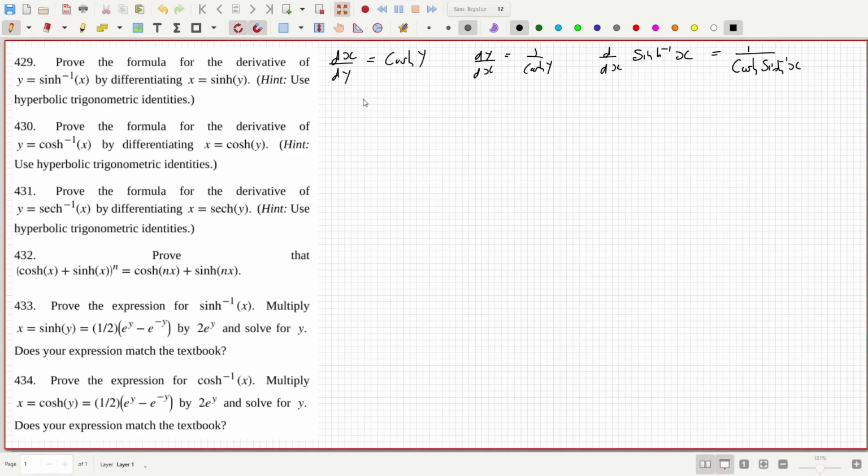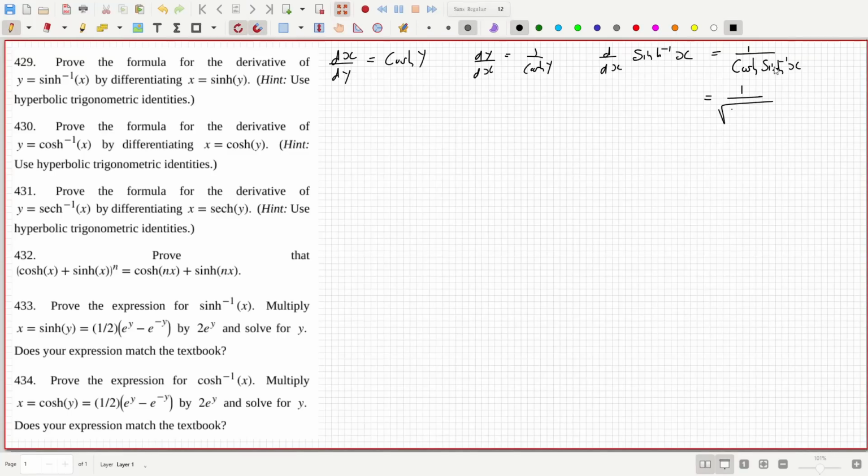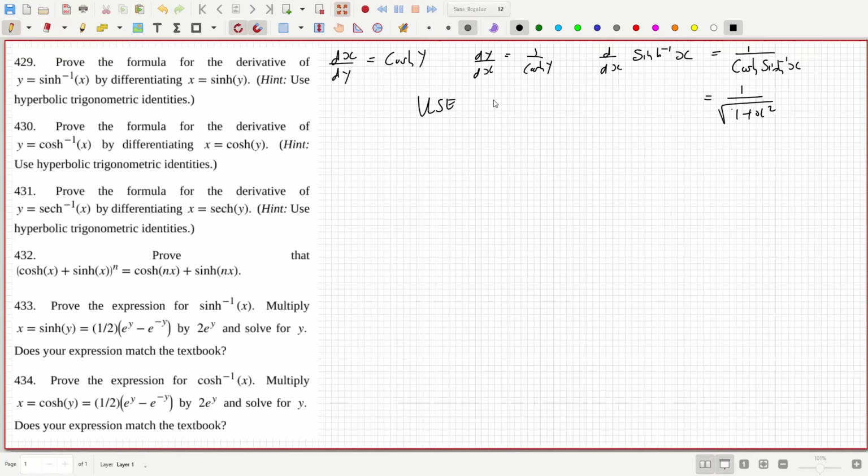So that would equal 1 over root 1 plus sinh inverse squared. So it'd be 1 plus x squared. So you need to use then the formula. Yeah, cosh is root 1 plus sinh squared. So that checks out. Okay.